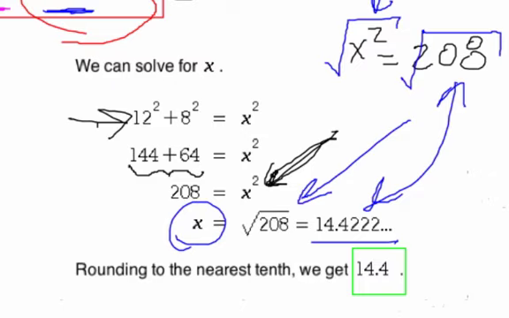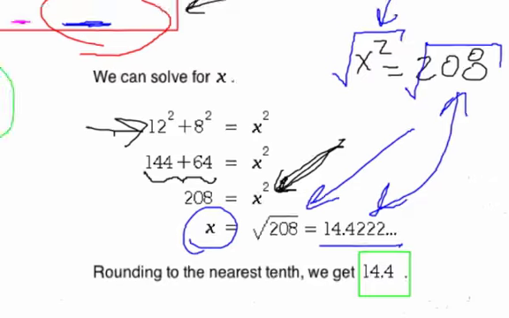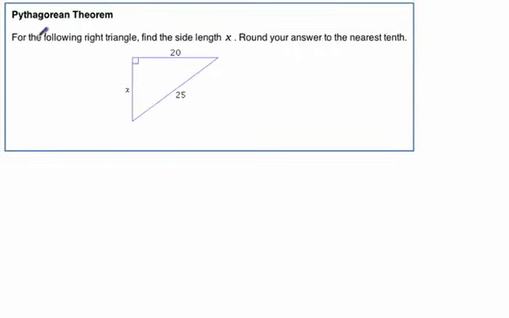Okay, one more example. Let's take a look. Here we've got another right triangle. Remember, our A and B are legs. C is the hypotenuse. So we have to identify what's what. The hypotenuse is always across from the right angle.